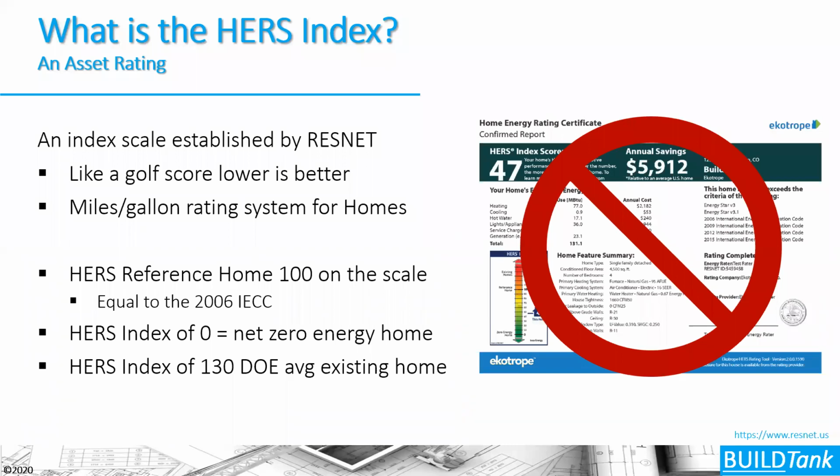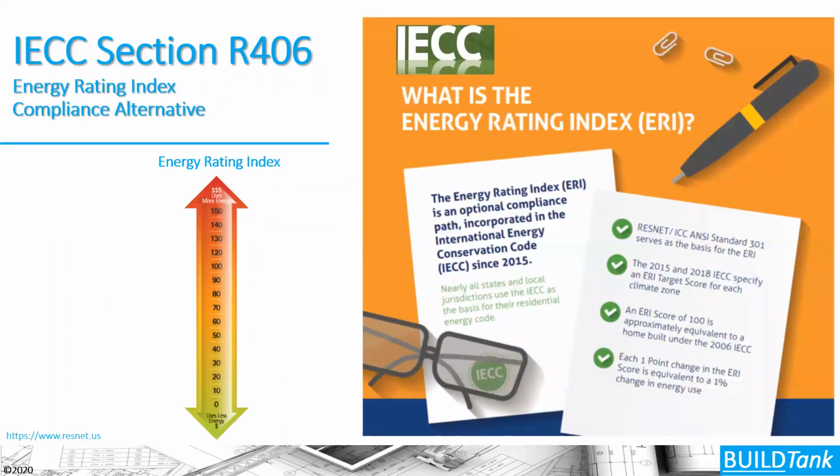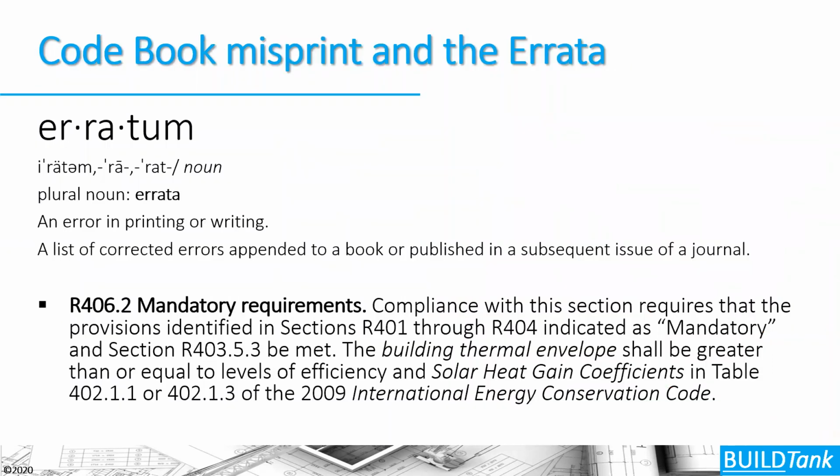So the scores are not equal to each other here. Section R406 is the section that deals with the energy rating index score. Again, it's leveraging the HERS index pathway on how to create that score, but it is different than the HERS index score.